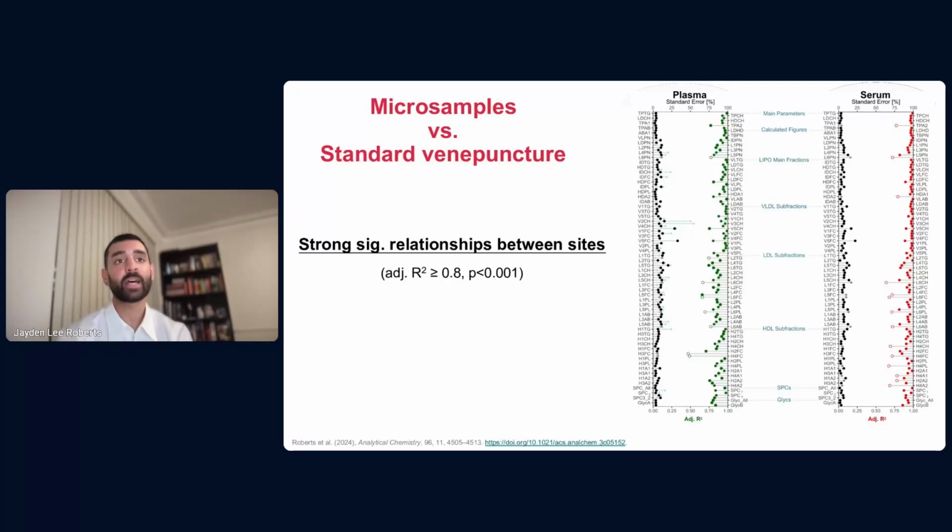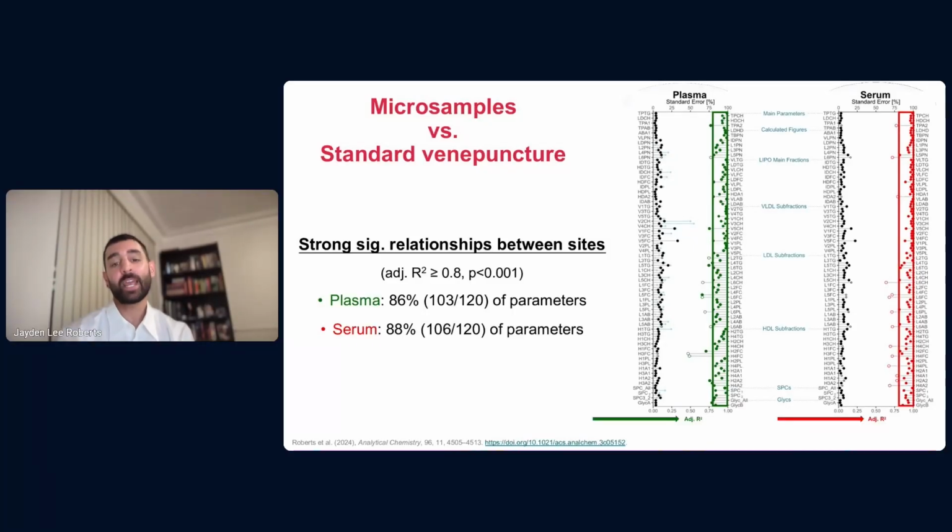And what we saw was that 86% of parameters, which was 103 out of 120 parameters in plasma, demonstrated this strong significant relationship, which was really nice. And in serum, we saw that 88% of parameters, so 106 out of these 120 parameters, demonstrated this strong significant relationship across the main parameter families, including the lipoprotein subfractions, SPICs, and GlycA.